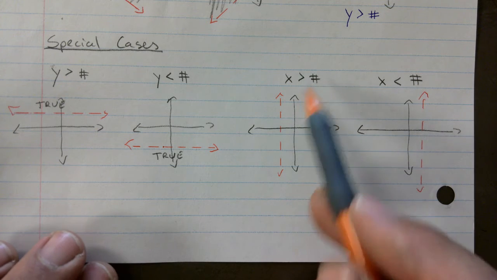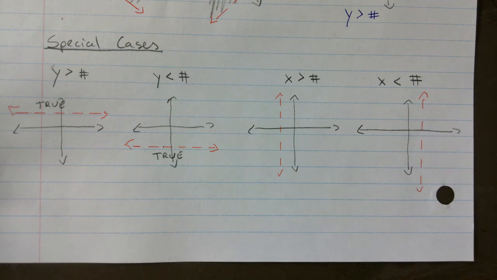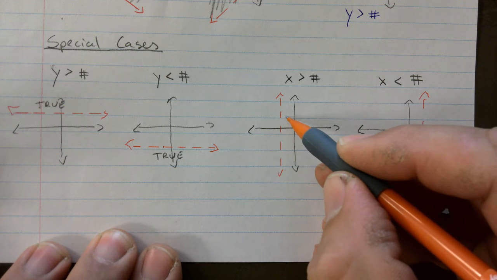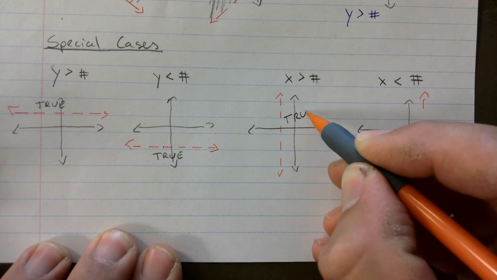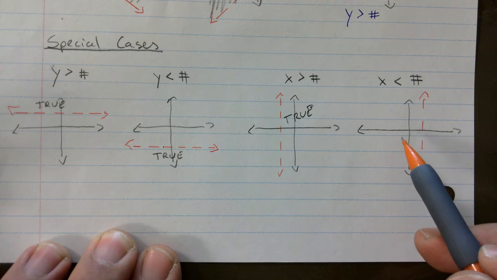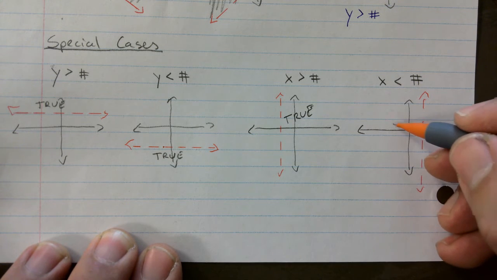If x is greater than the number, where, common sense, would you say the true region would be? Right or left? Right, it's right. True is here. And this one is left, right? No, I'm just kidding. Now you're all confused.